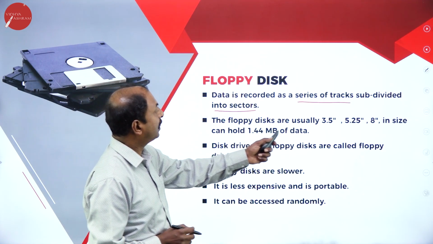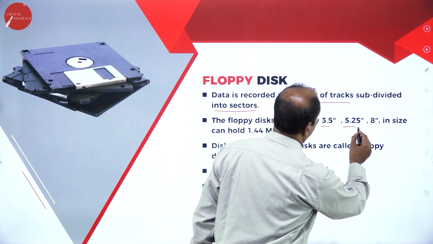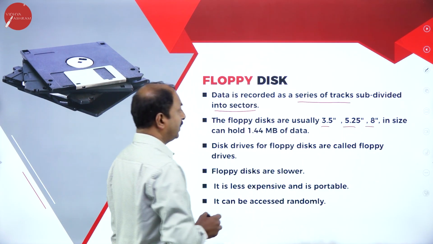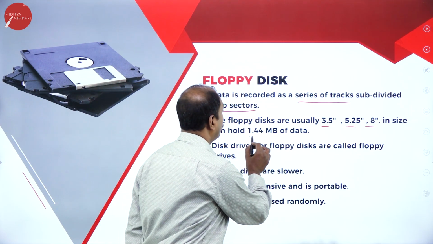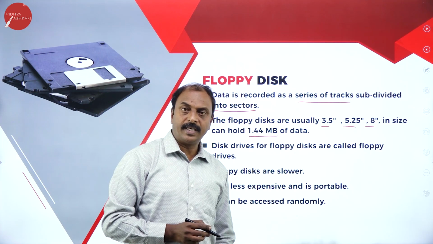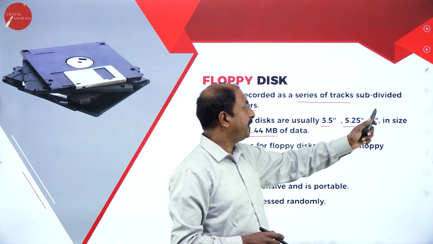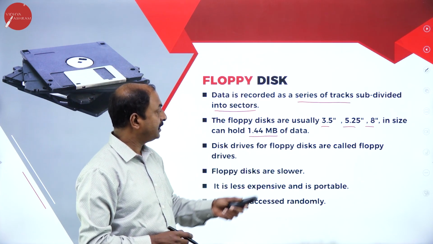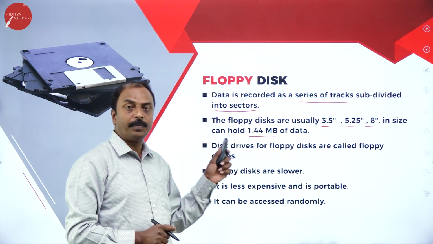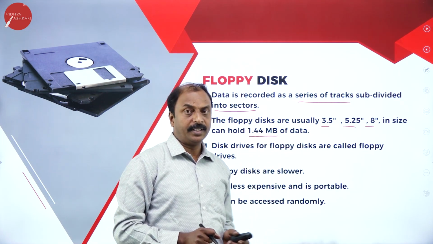Floppy disks generally come in 3.5, 5.25 and even 8 inches in size, and the capacity of a floppy disk is around 1.44 MB of data.